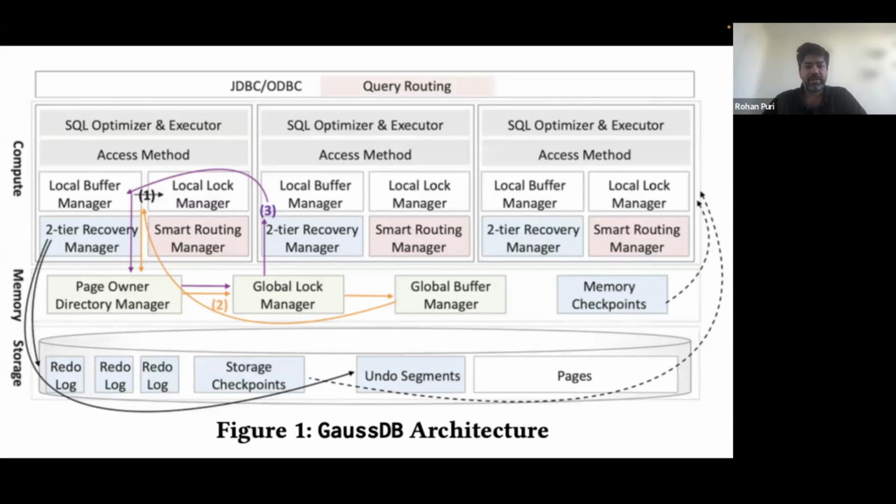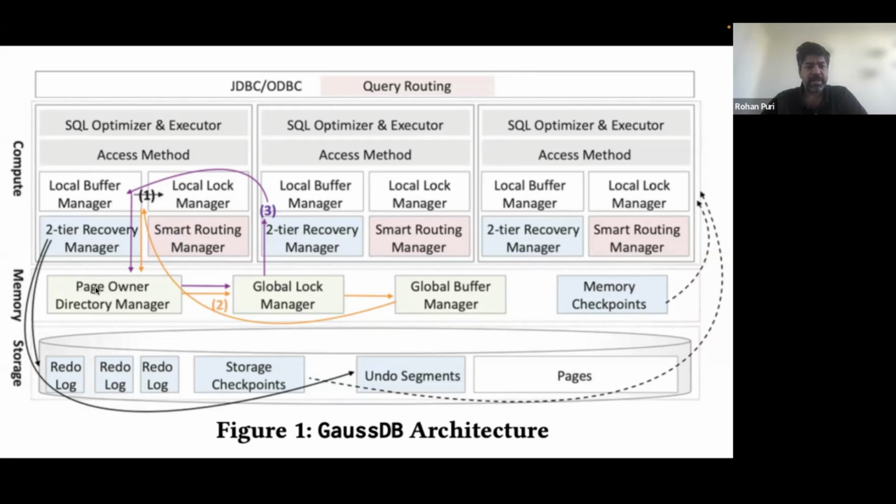So this is the design diagram that was in the paper. We have compute, memory, and storage. Compute has the SQL optimizer, and it also has a local buffer manager and local lock manager. It runs the two-tier recovery manager. It also has a small component, the smart routing manager.